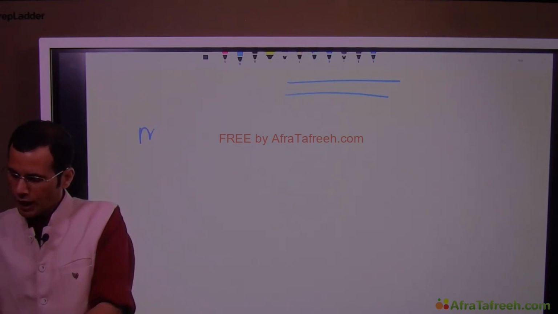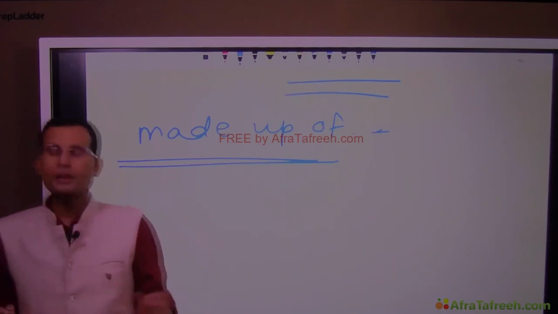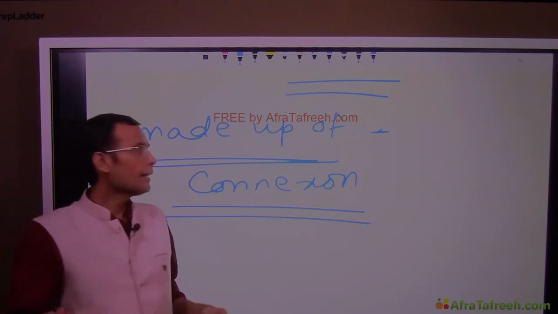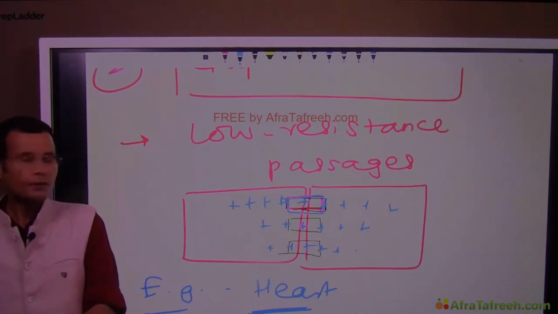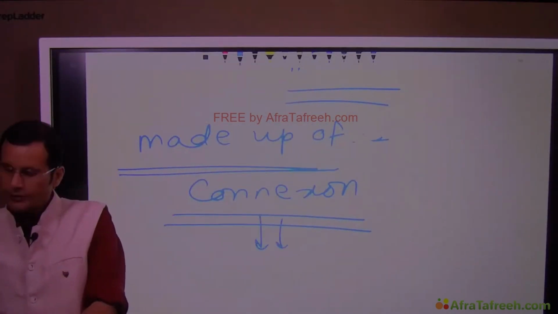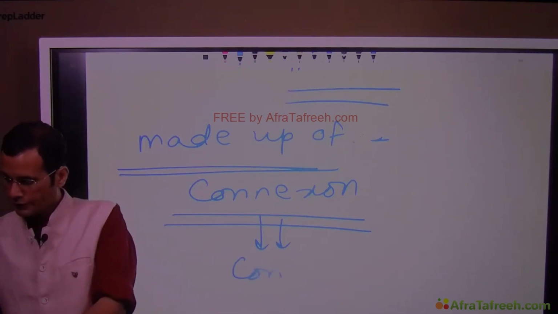Gap junctions are made up of a protein called connexon. And so this gap junction is made up of connexon. This is connexon, and each connexon actually is a hexamer of connexins.